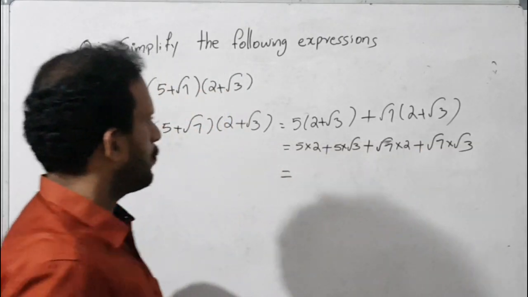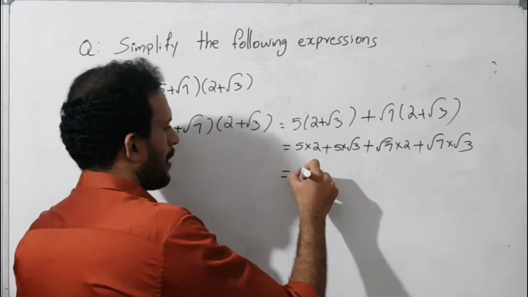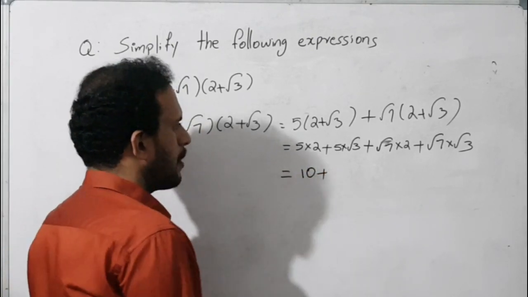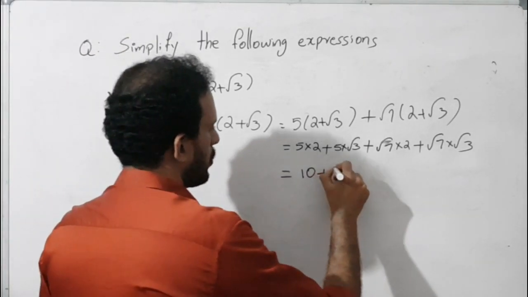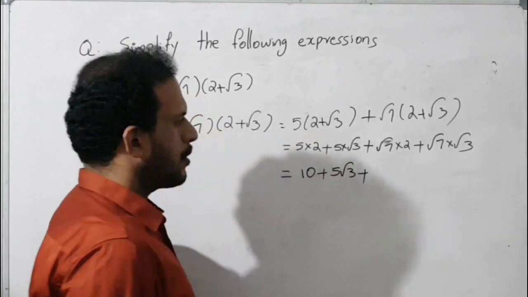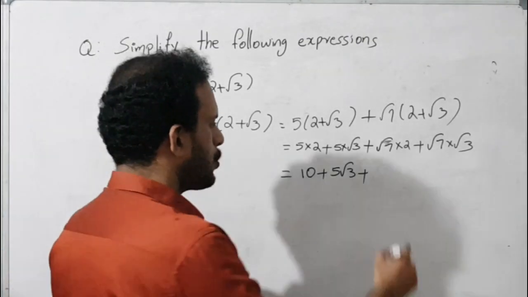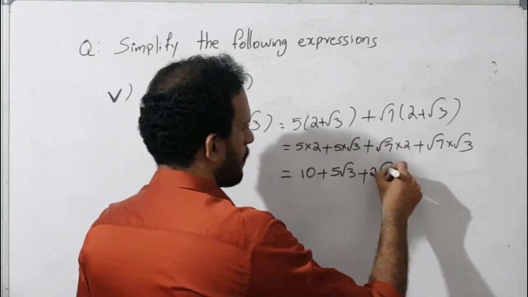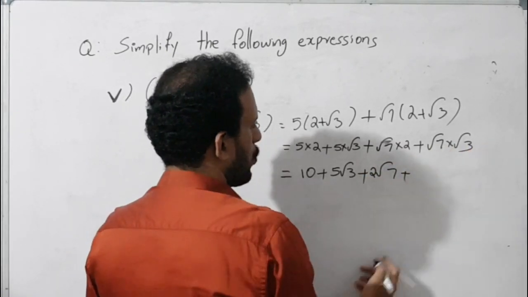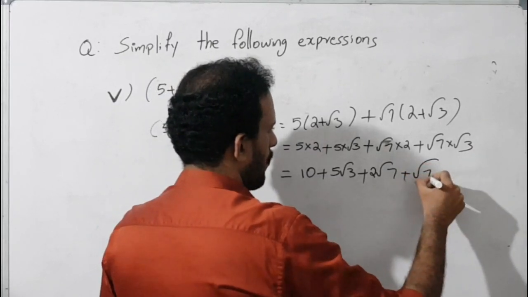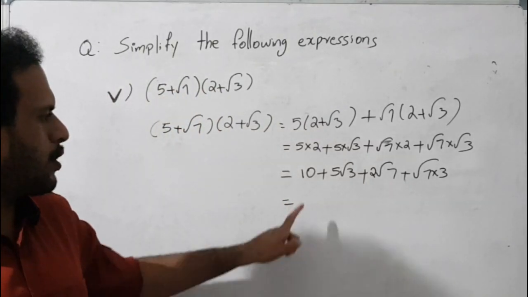What is 5 into 2? 10. Plus 5 into root 3, that is 5 root 3. Root 7 into 2 is 2 root 7, plus root 7 into root 3 is root of 7 into 3.